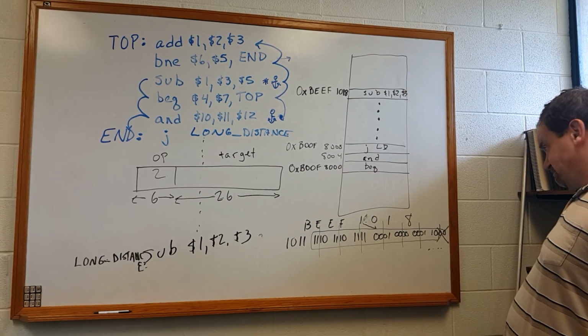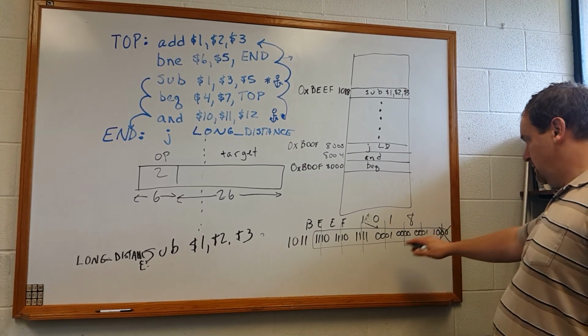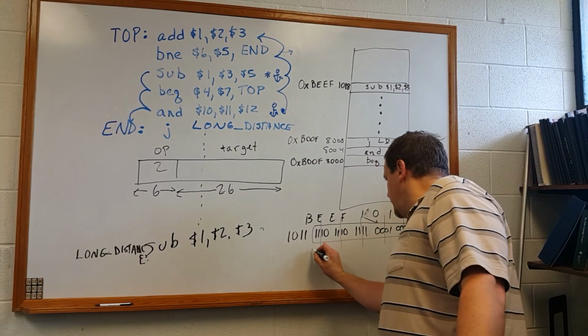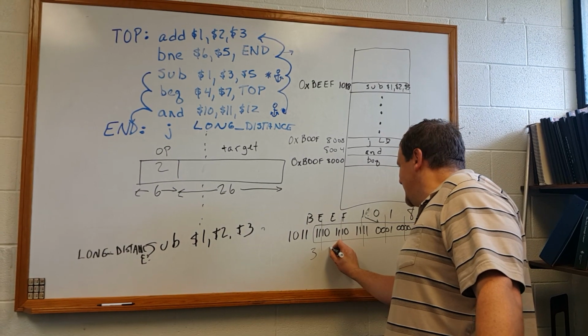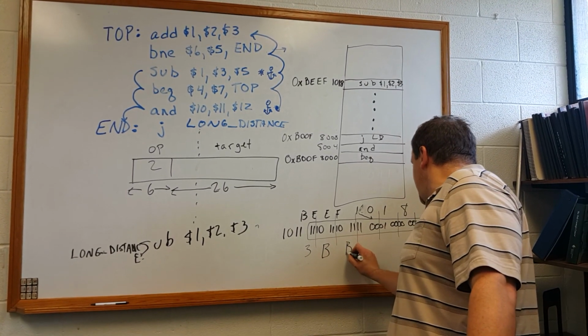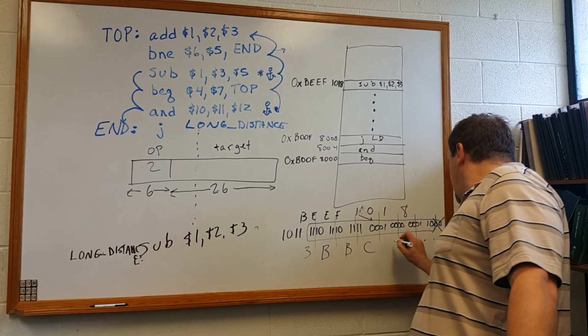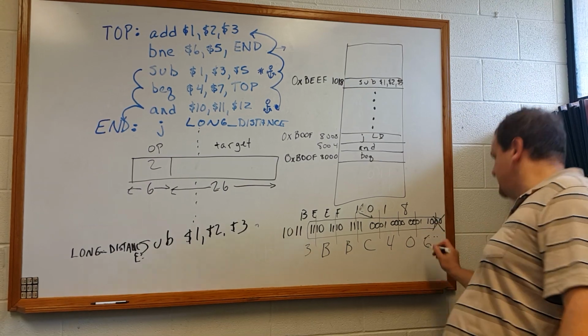And then, okay, this is going to be 3, and that's going to be B, and that's B, and that's C, and that's 4, and that's 0, and then that is going to be 6.